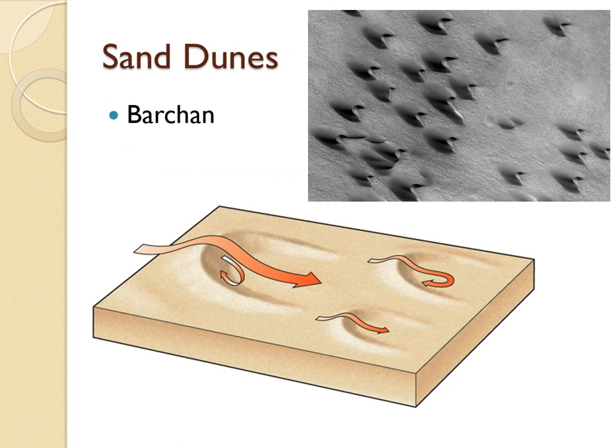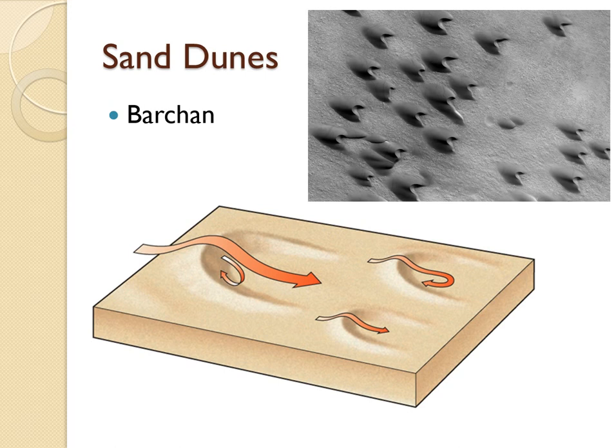I'm going to look at a few types of sand dunes really quickly, just because they're kind of interesting. The presence of sand dunes, even just having a sand dune in the first place, because a lot of deserts do not actually have them, and the shape of the sand dunes depends on the character of the wind and the sand supply available in the area.